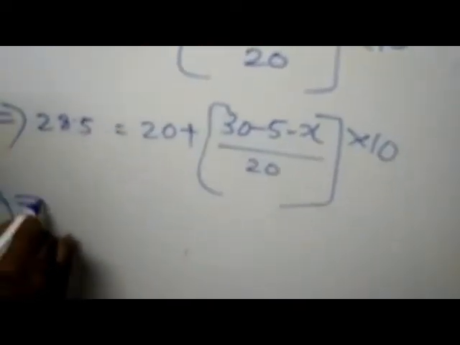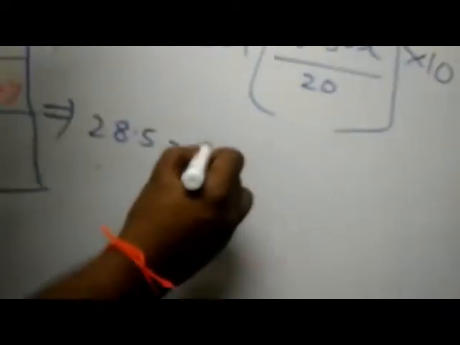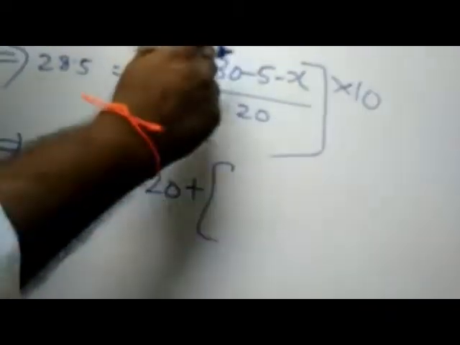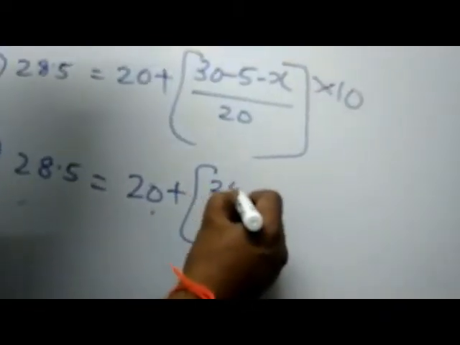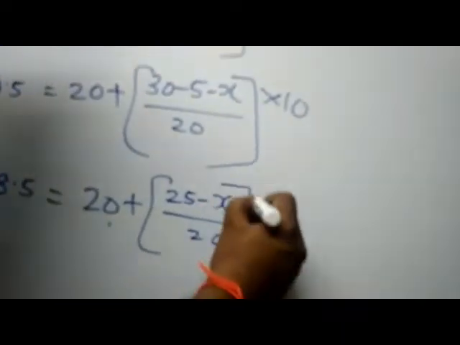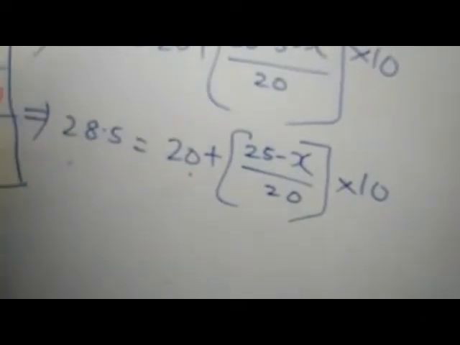That implies 28.5 is equal to 20 plus (30 minus 5, which is 25, minus x) by 20 into 10.